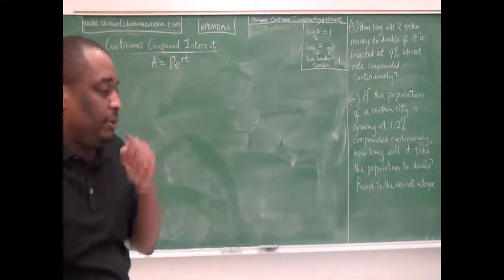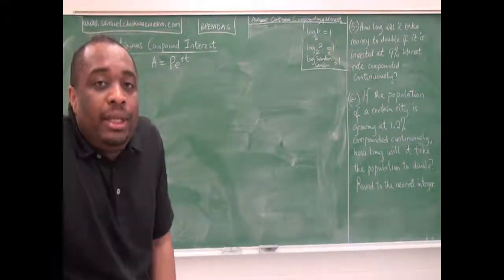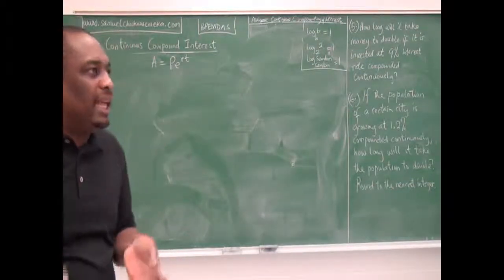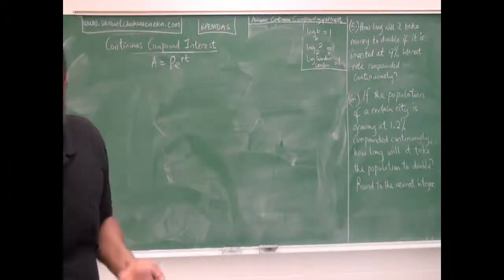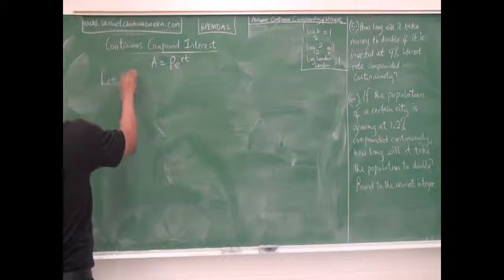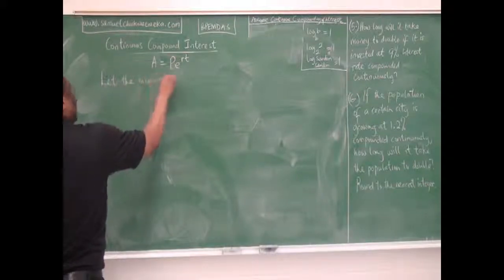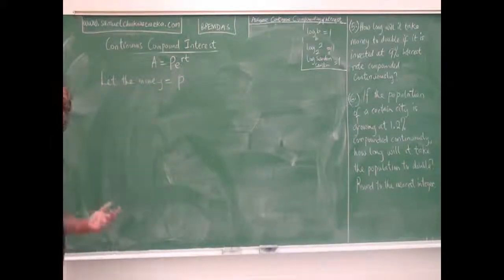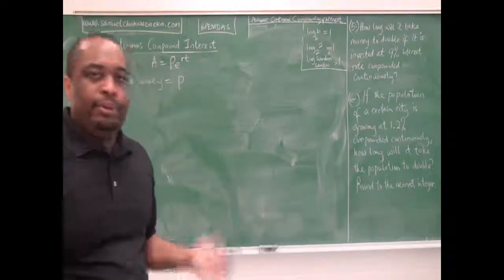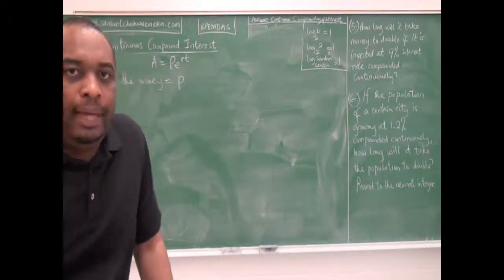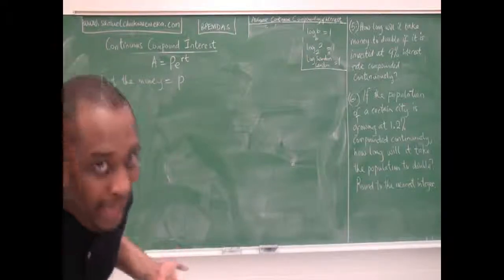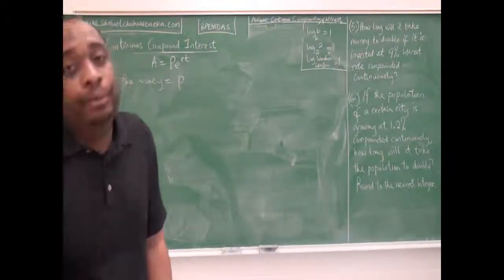So how are you going to solve this? How long will it take money to double? Do you know what money? No. Whatever you don't know in mathematics, assign a variable. So let's call the money P. So how long will it take P dollars to double?